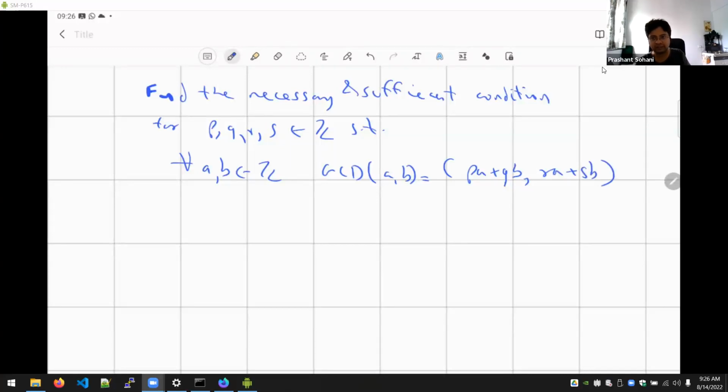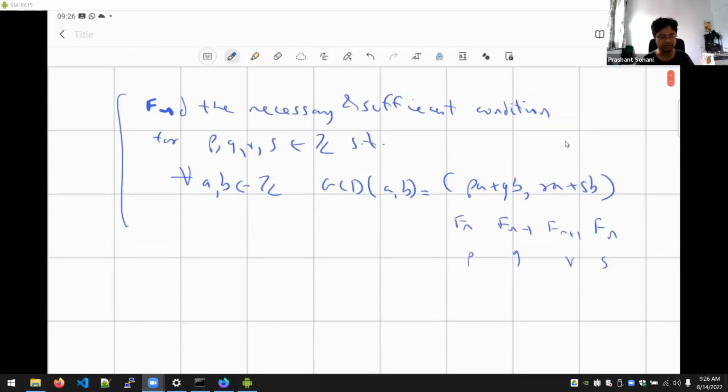The question in the test was dealing with Fn-1, Fn+1 and Fn. That was a special case of P, Q, R, S satisfying this property, but what is the general condition for such numbers? That is something you can think about. I just put this as a problem for you while I was connecting my tablet. You can continue to think on this problem, and if you have a solution, you can send it to me. It's not that difficult.